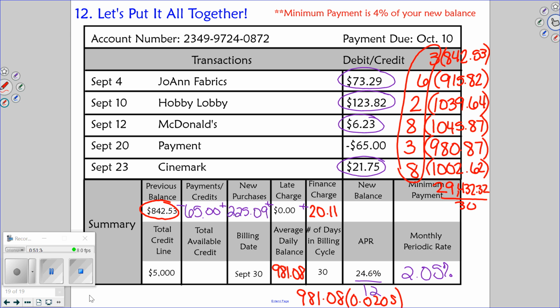Now, we're doing all this by hand. A bank obviously uses a computer system to figure this out for us, but it is important that you realize how they're actually calculating all of this for you. All right, so now can you find the new balance? Now we can. Start with your previous balance, subtract off your payments, add on your new purchases, add any late charges, add your finance charges, get your new balance.